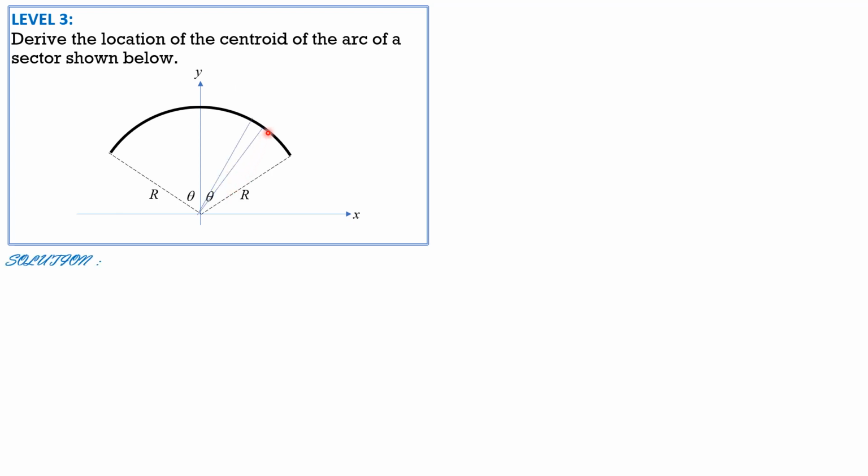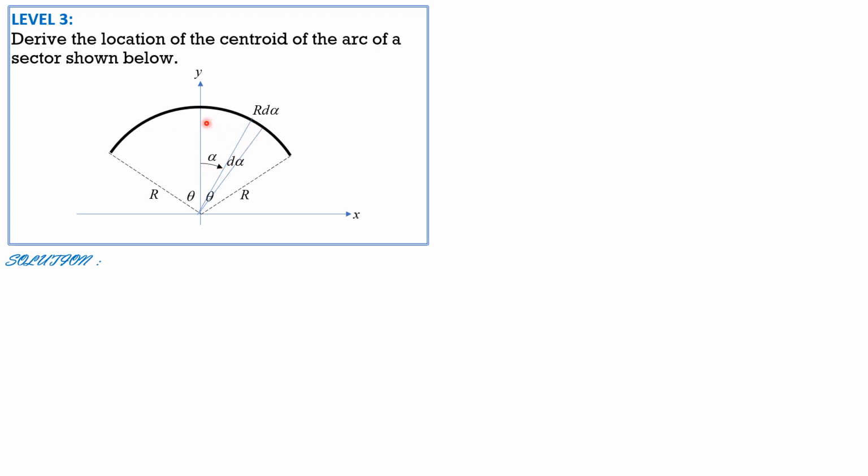So we have a strip, and the differential angle here is differential alpha. The length of the differential arc, therefore, is radius times central angle, r d alpha. So this is considered as a point, and this angle is alpha.